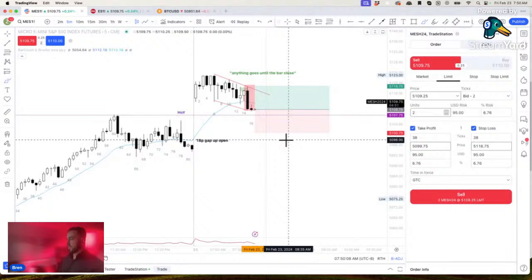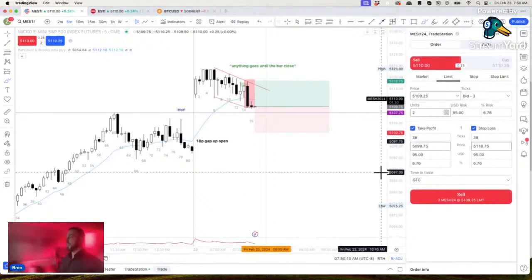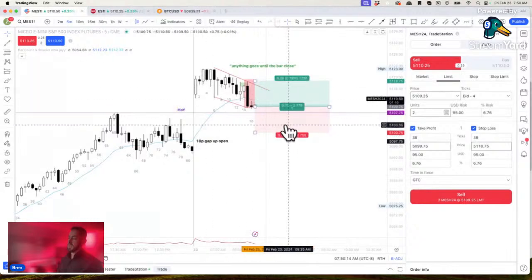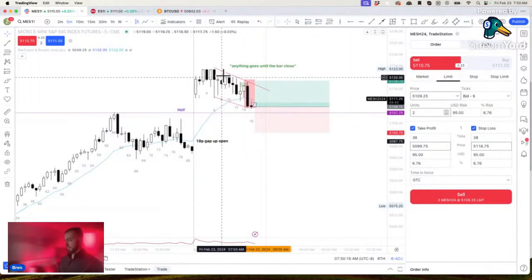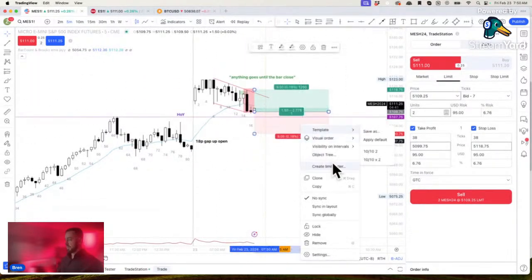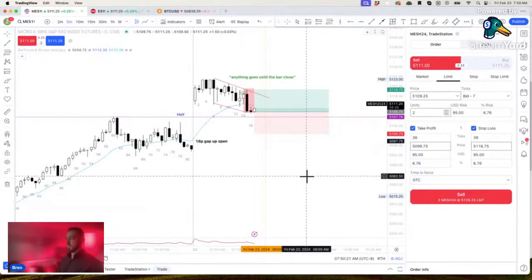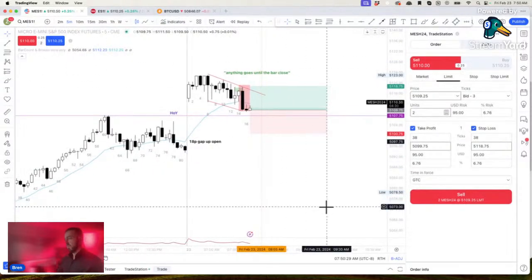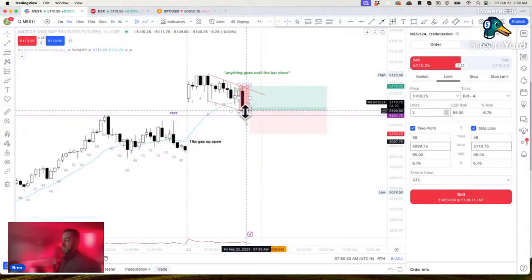Okay, so the bears got a second bear bar, but a doji testing the bottom of this channel. Bulls buying immediately. Now we've got two closes below the moving average.